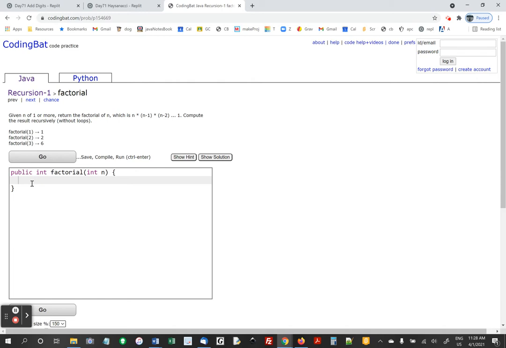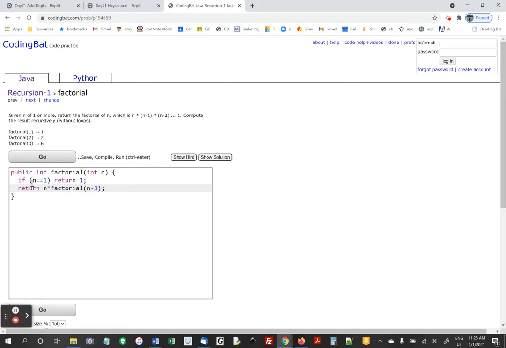So remember, every recursive function needs a base case and a call to itself. So I'm going to say the base case: if n equals 1, return 1. And then otherwise, we're going to return n times factorial n minus 1.